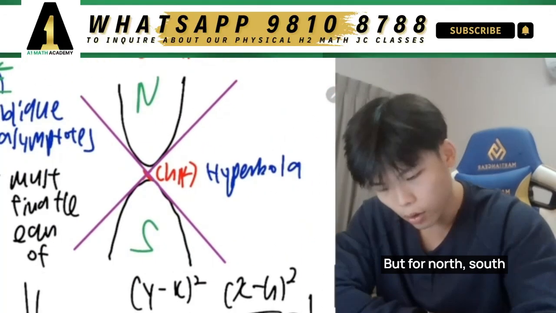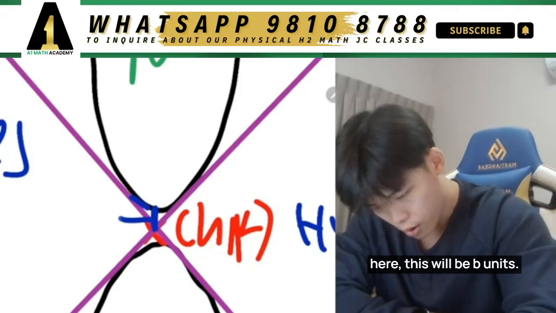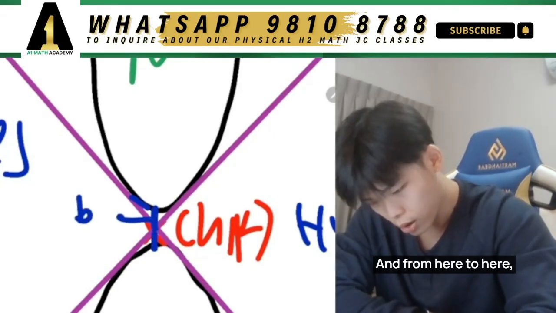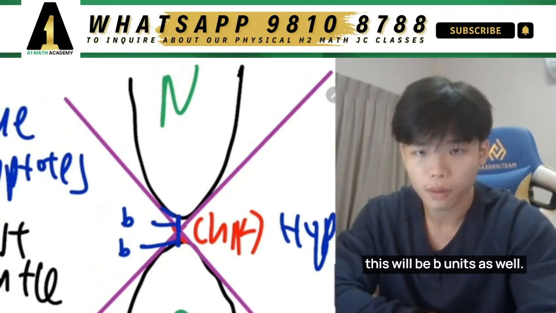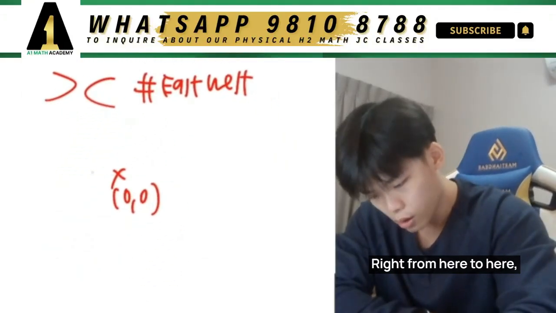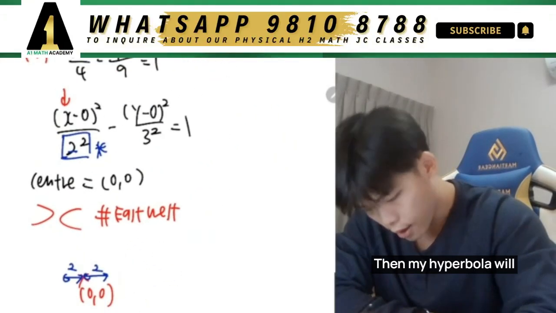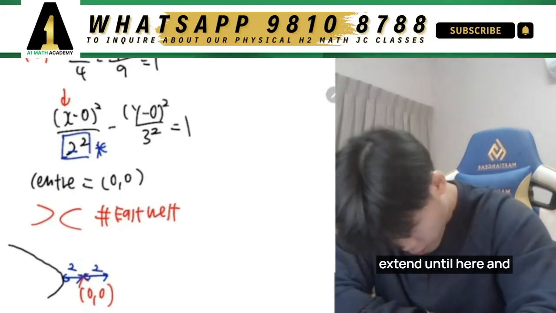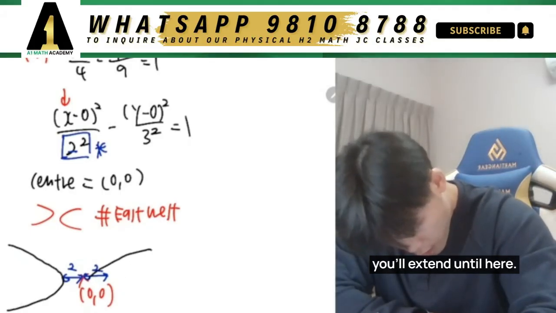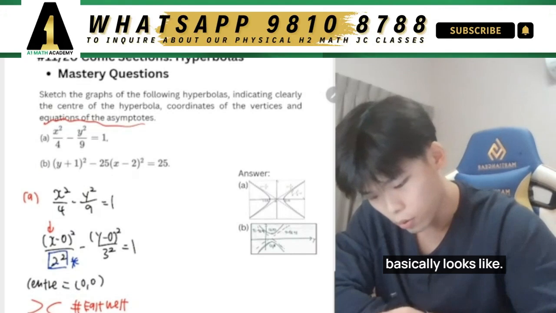But for a north-south hyperbola, the distance from here to here will be b units, and from here to here, this will be b units as well. So back to here, from here to here, this will be 2 units, and from here to here, this will be 2 units. Then my hyperbola will extend until here, and it will extend until here. That would be how it basically looks like.